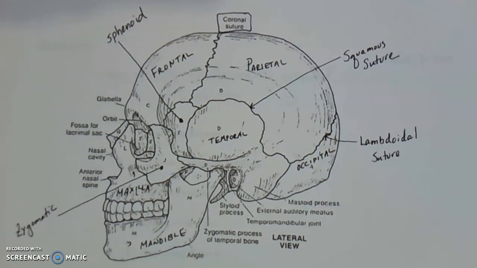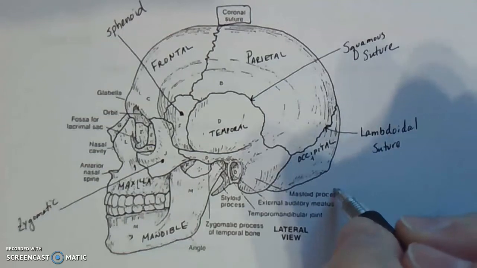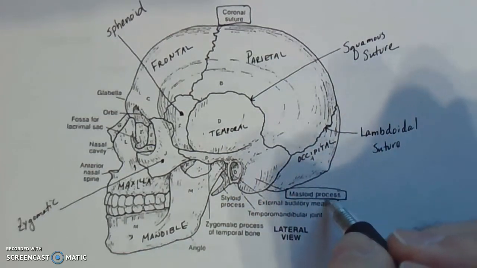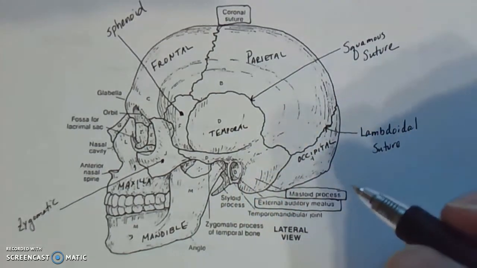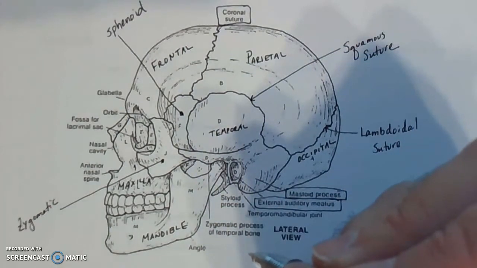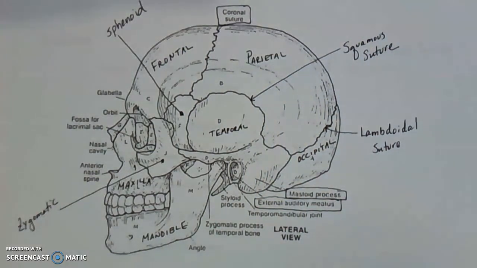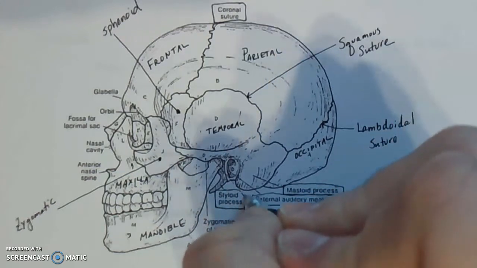We are going to be identifying a couple different features: the mastoid process, the external auditory meatus, the styloid process.